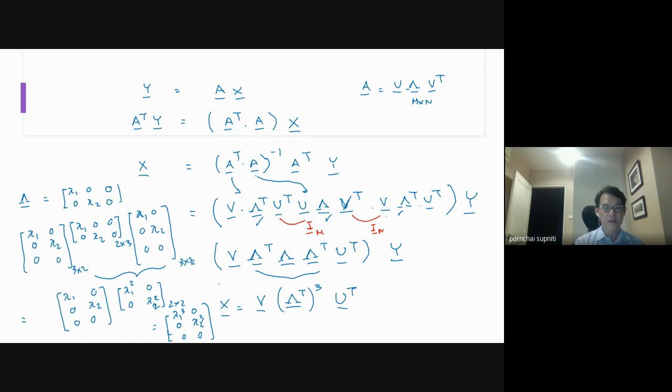Anyway, on the right hand side, I multiply with y. So instead of computing the inverse, we can compute this instead.